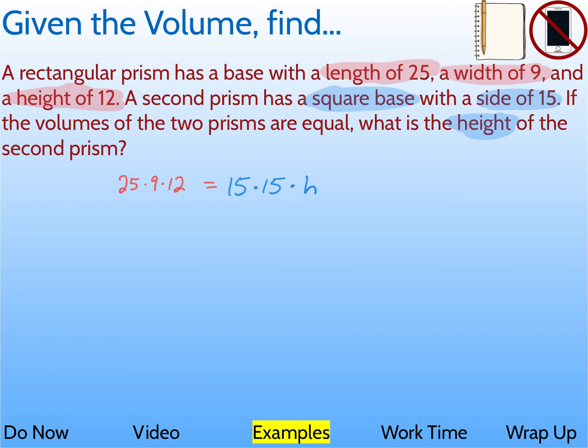On the left side, we get 2,700. And on the right side, 15 times 15 is 225, and then times the height that we need to find. So just divide by 225, and you'll get that the height of the second prism is 12 units.